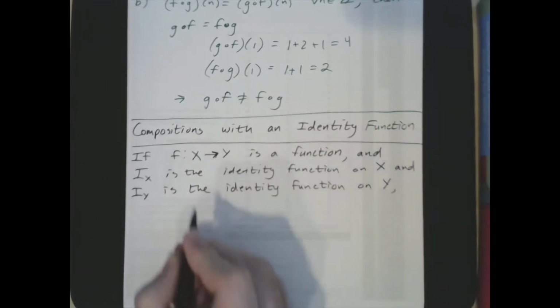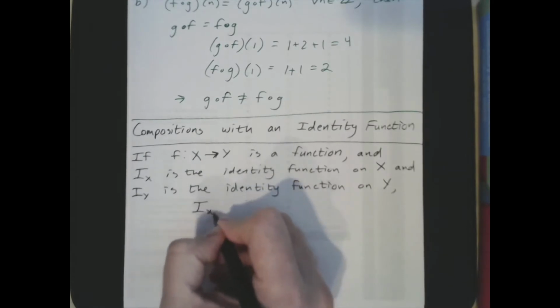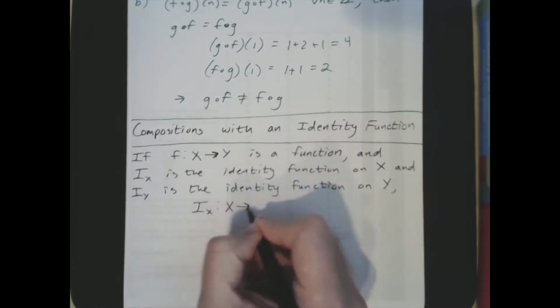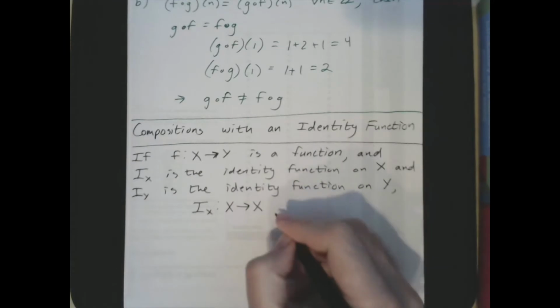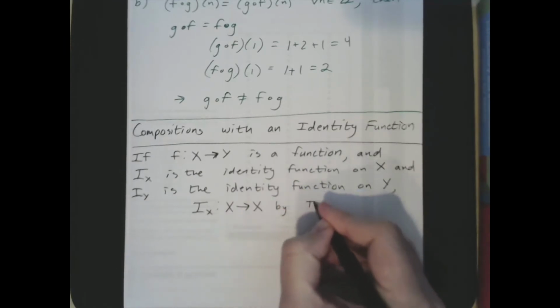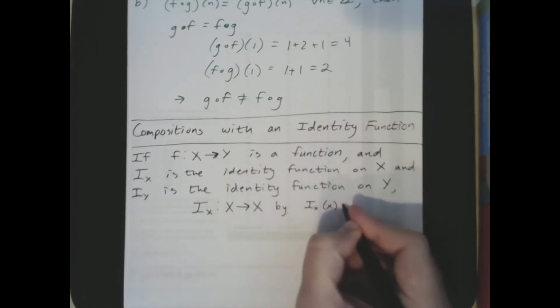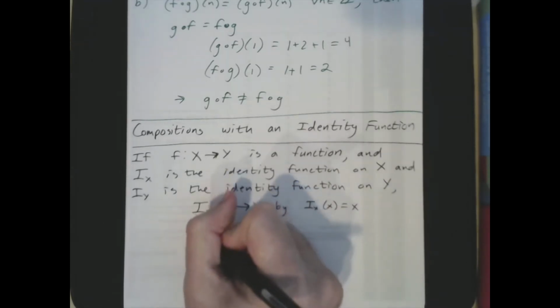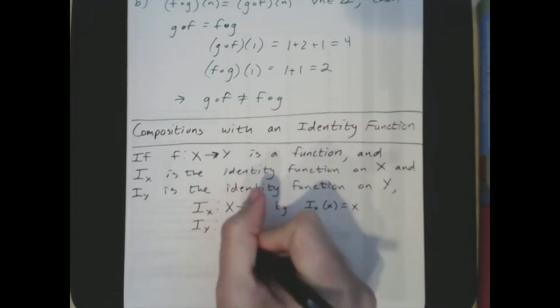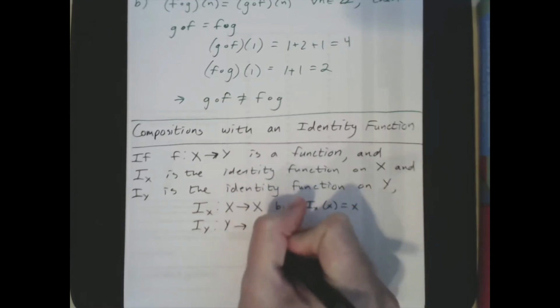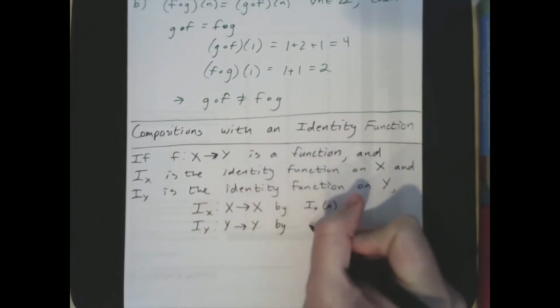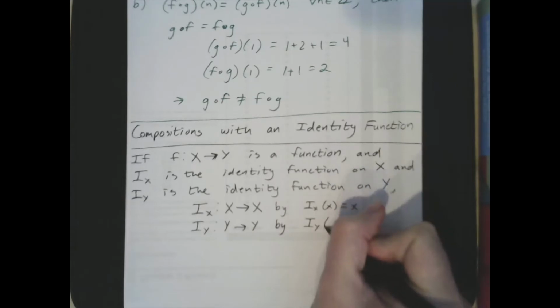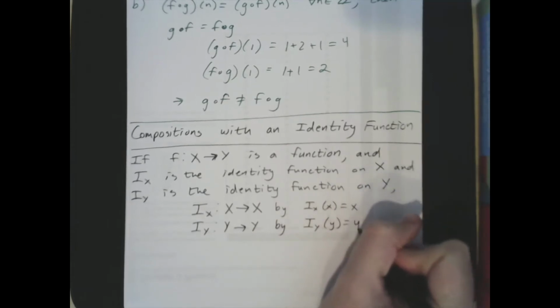Remember that identity functions map into themselves by I sub x of x equals x. And we can write a similar one for y. I sub y maps y onto itself by I sub y of y equals y.